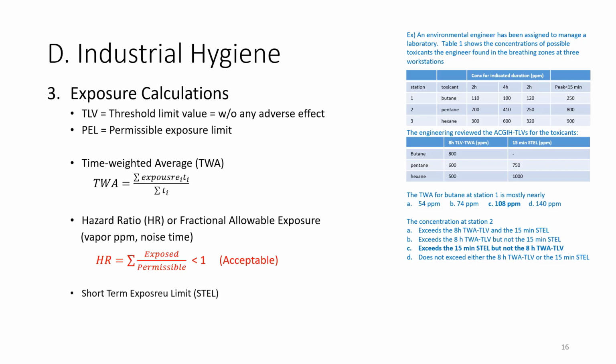If you are exposed to several chemicals over a certain period of time, then the exposure is TWA, or the time-weighted average. To find the total hazard ratio, you find the ratio for each, which is the exposed level over the permissible level, and then add them all together. The sum must be less than 1 again to be acceptable.